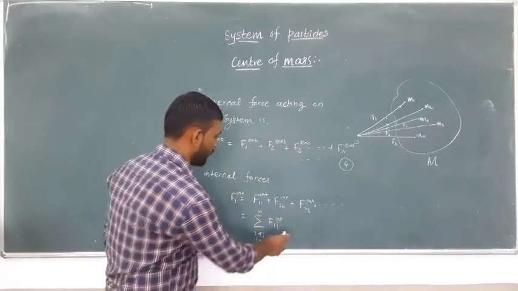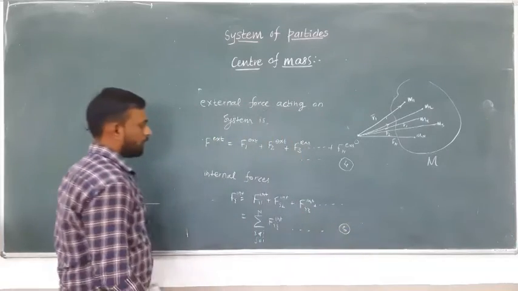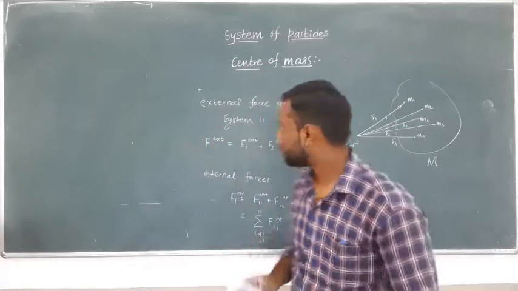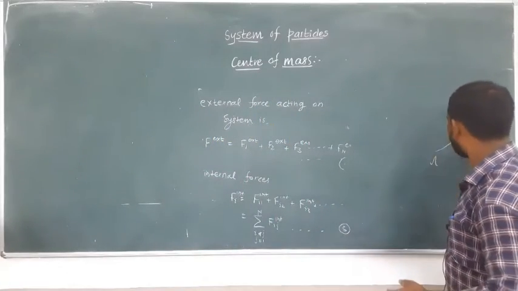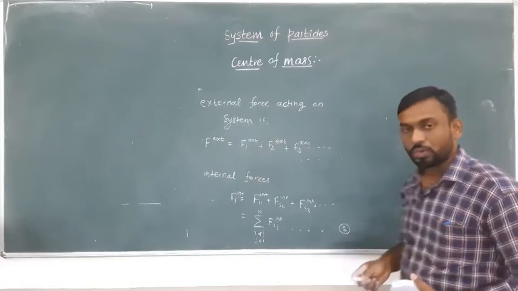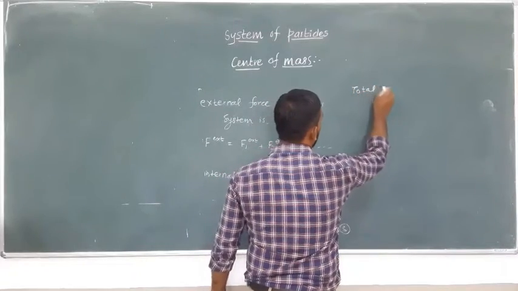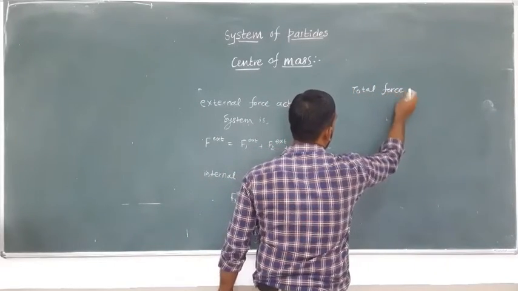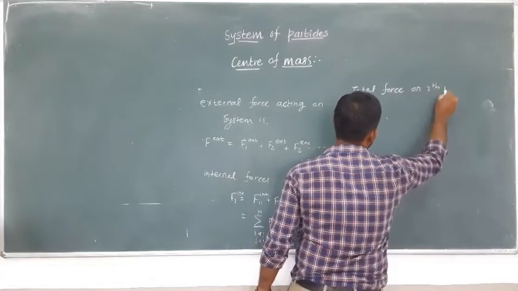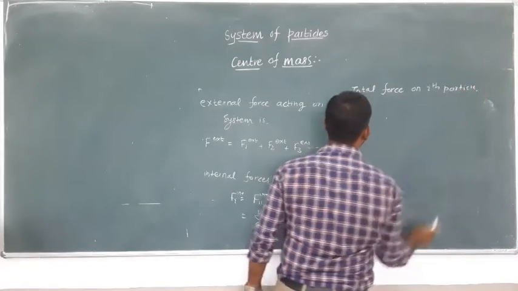Okay, so this is equation number, let's say, 5. So what is the total force acting on the system? How to calculate the total force acting on the system? The total force on, let's say, the ith particle, how to write?